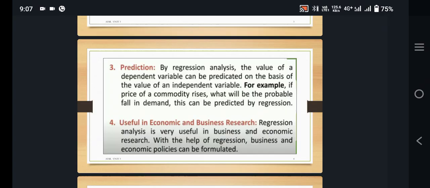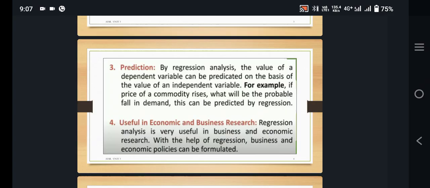By means of regression analysis, the value of a dependent variable can be predicted on the basis of the value of independent variable. For example, if the price of a commodity rises, then we can probably estimate the falling demand. This can be predicted by regression.